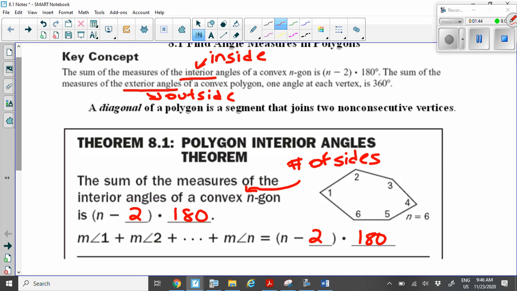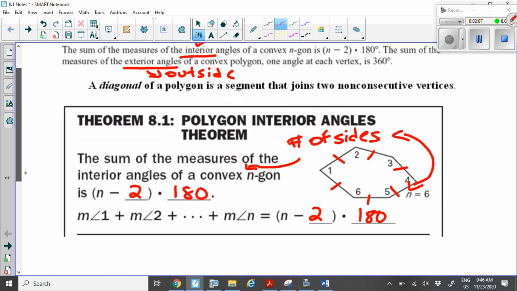Notice here we have our little example. Notice how many angles there are. That's also going to tell us how many sides we have. So we have 1, 2, 3, 4, 5, 6. So n, as I said, represents the number of sides of a polygon. You'll have to count, and that also tells us how many angles we have, and we can use that to find the interior angles.